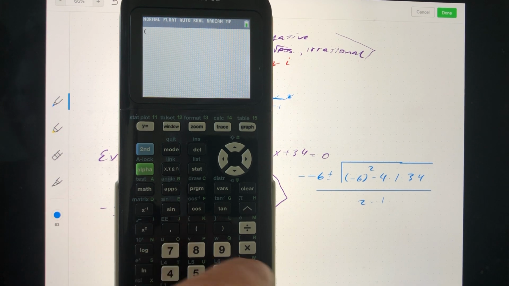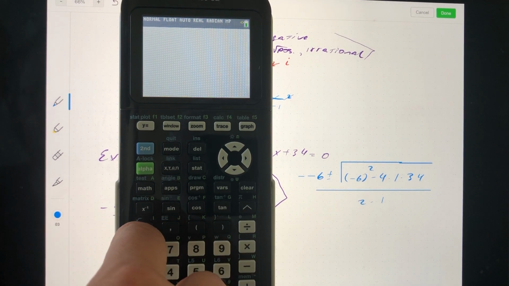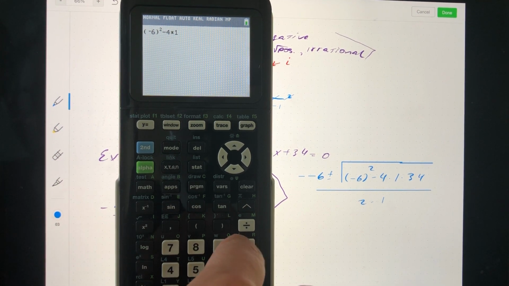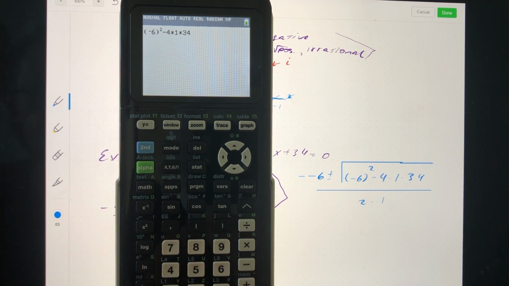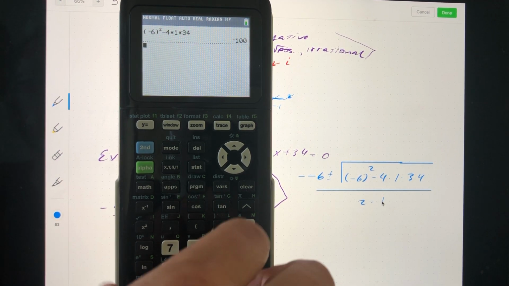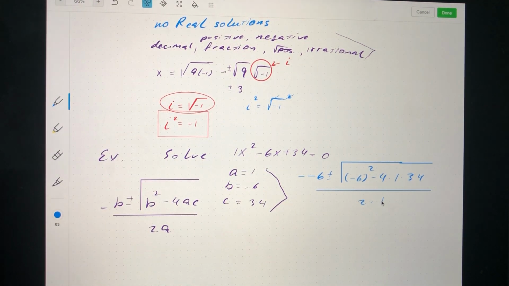Inside the parentheses, negative 6 squared, then minus 4 times 1 times 34, and that makes negative 100. So we now know that inside the square root we have negative 100.